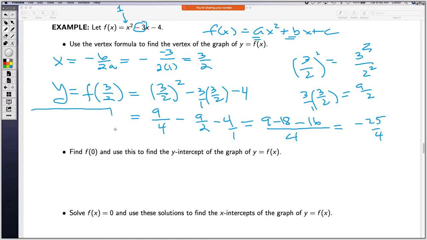So the vertex, one way to write it is 3/2, -25/4. But once again, these both have terminating decimals, so it might be easier for you to plot it looking at 3/2 is 1.5. And what's 25/4?